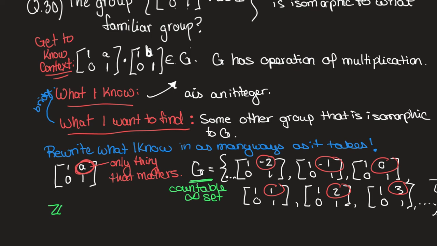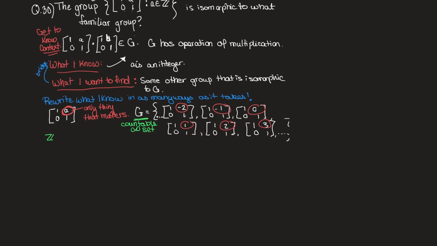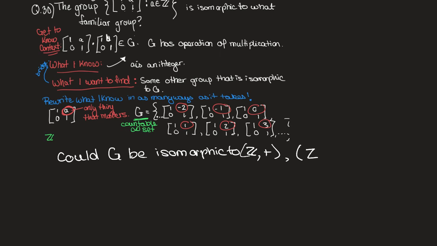The integers. I need a little bit more room, so I'm just going to minimize this part. Could G be isomorphic to Z? But remember that Z carries with it the operation of addition. I guess another countable infinite thing that actually has multiplication is Z minus 0 under multiplication, but that doesn't quite work because I don't get inverses.